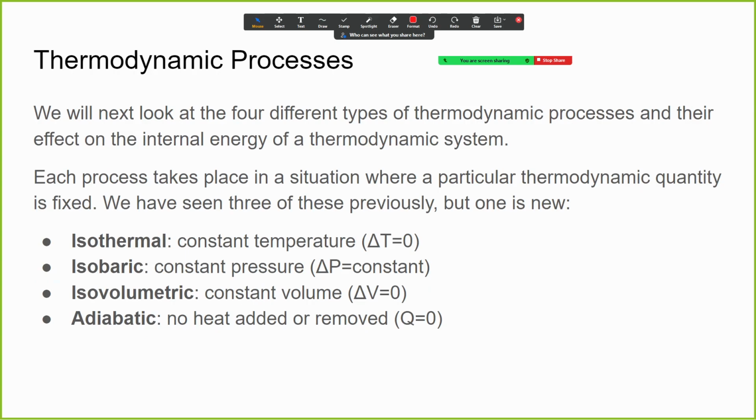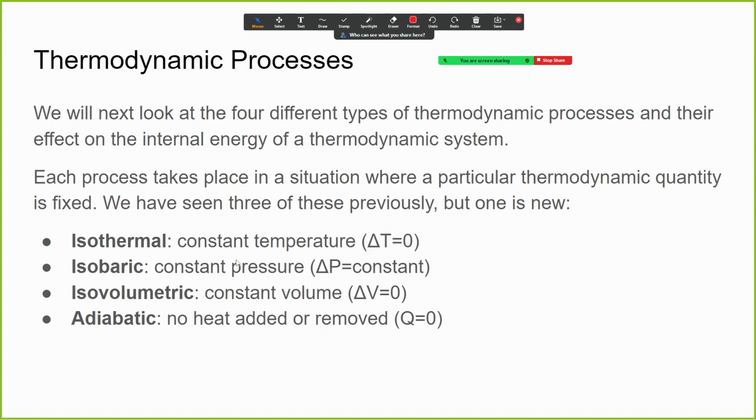So if we take a look at the four different types of thermodynamic processes and their effect on the internal energy, we can come up with some really quick ways of being able to cancel some terms. Each process takes place in a situation where a particular thermodynamic quantity is fixed.